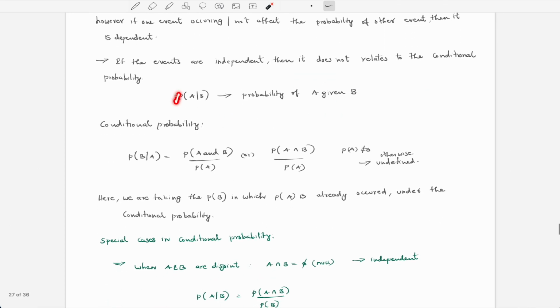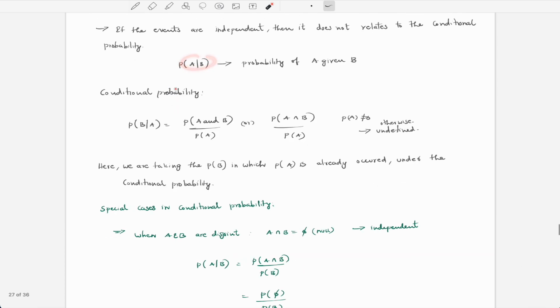So the probability of A given B, if we apply this conditional probability, or the probability of B given A, means we are taking the probability of B in which A has already occurred under conditional probability.